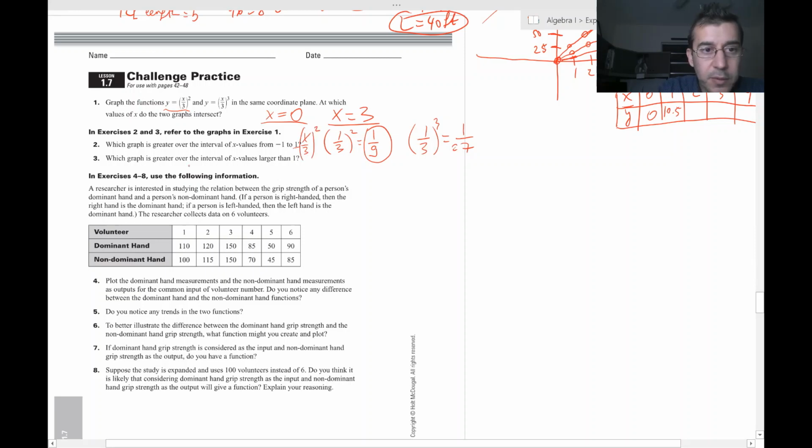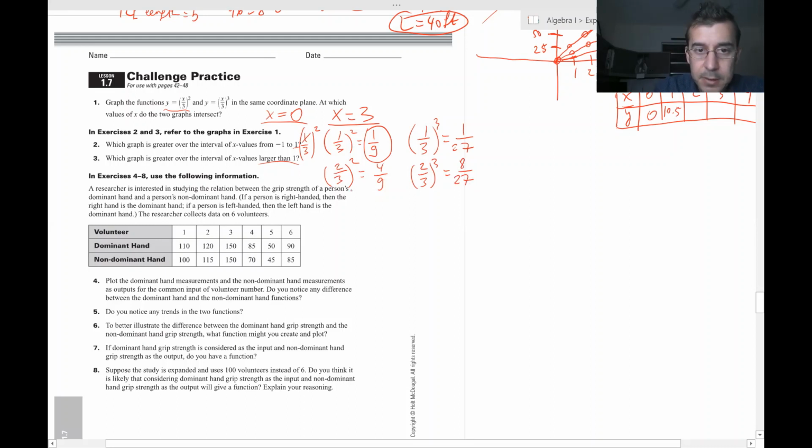And then which graph is greater over the interval of x values larger than 1? Let's try 2, right? If it's 2, then we have 2 over 3 squared, that's 4 over 9, and then 2 over 3 cubed, that's 2 times 2 times 2, which is 8 over 3 times 3 times 3, or 27.